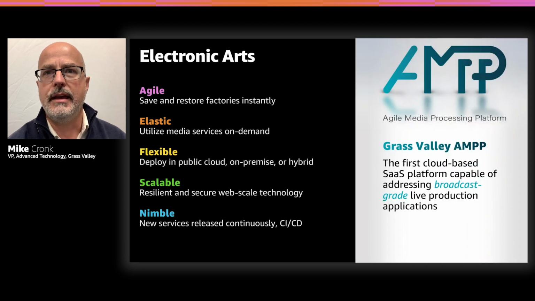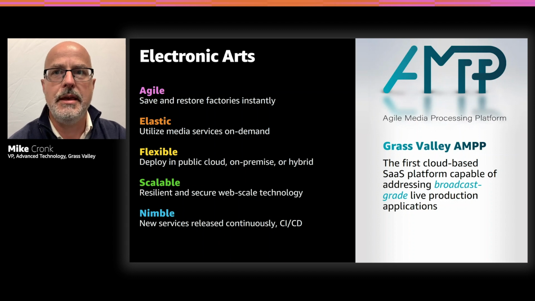Well, like a truly elastic cloud system, it's agile, it's elastic, it's very flexible, it's scalable at web scale, and we're able to release new apps and services continuously. But it also meets the requirements that Claire outlined in the beginning for live production, and that's why we call it broadcast grade. So how did Electronic Arts Apex use this as their solution?